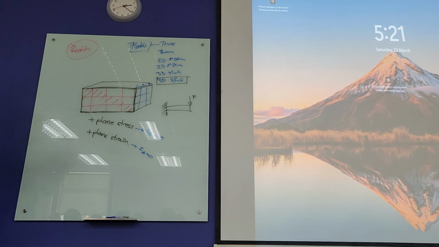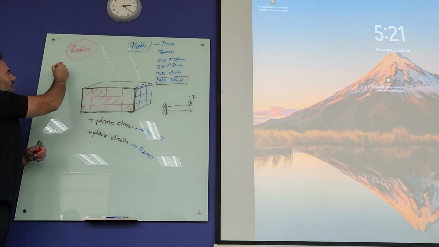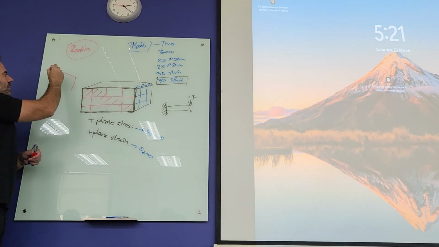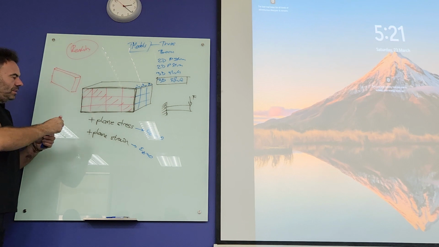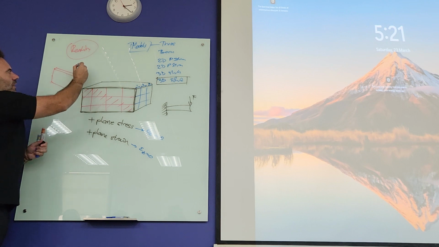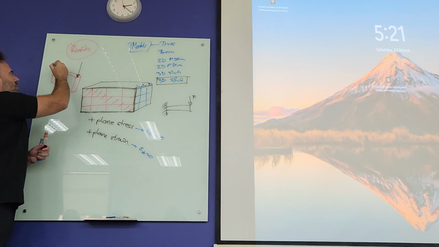So structures that may look like this. This is a typical example of a plane stress problem.